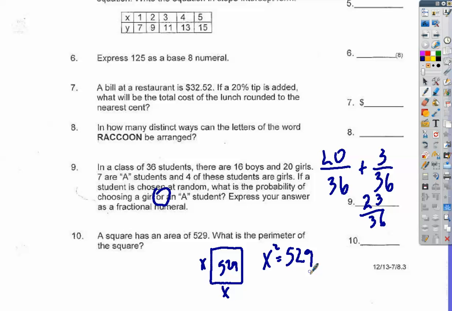That is really the big question. Well, it's less than 25, because 25 times 25 is 625. So what number multiplied by itself is, it's got to be 23, because 3 times 3 is 9, right? So x is equal to 23. So we want the perimeter, so 23 times 4 is going to equal 92, and that's right.